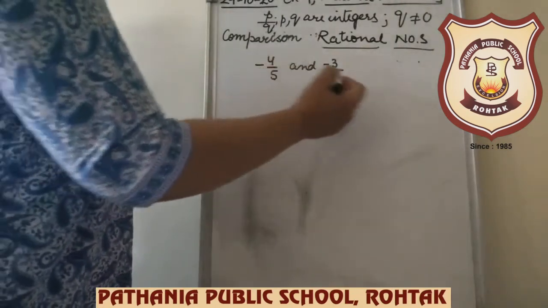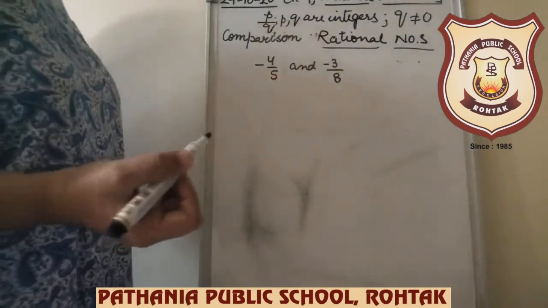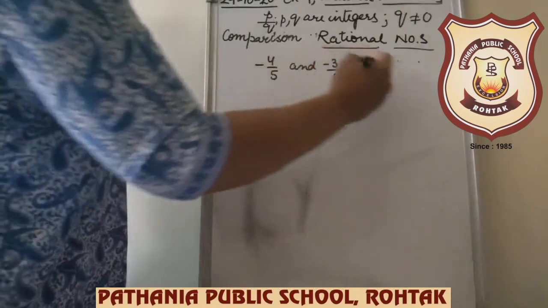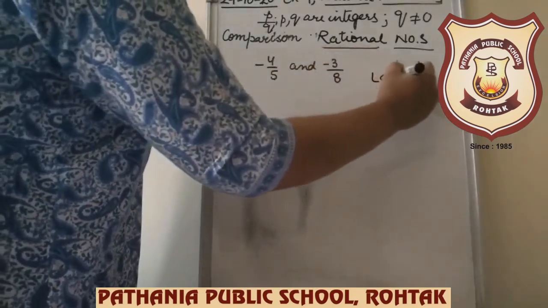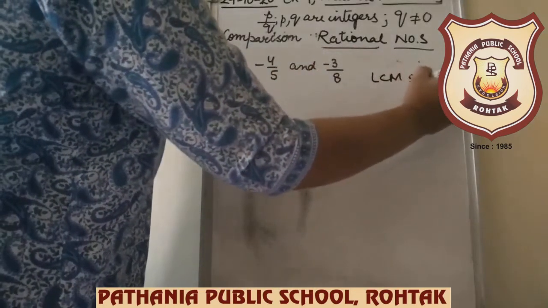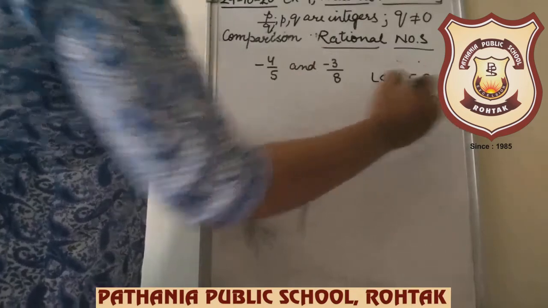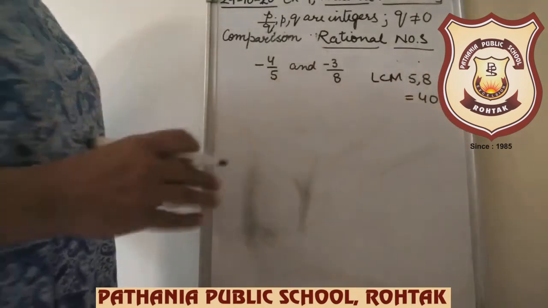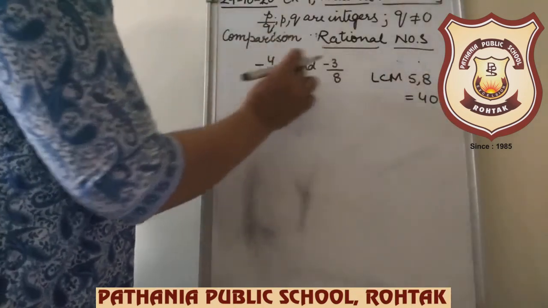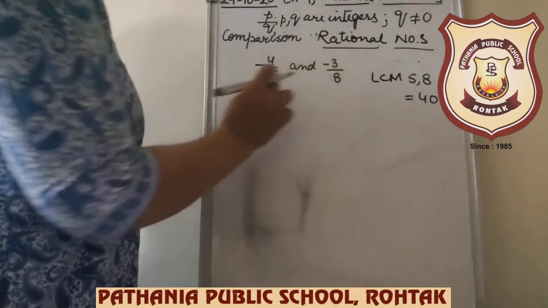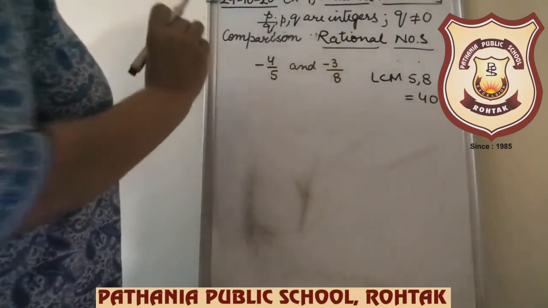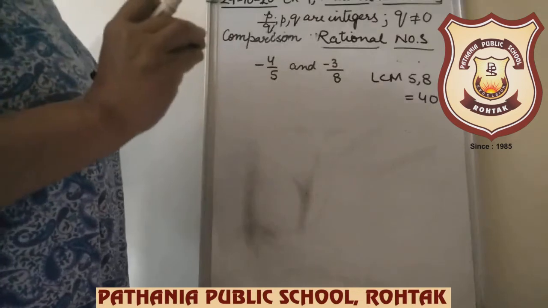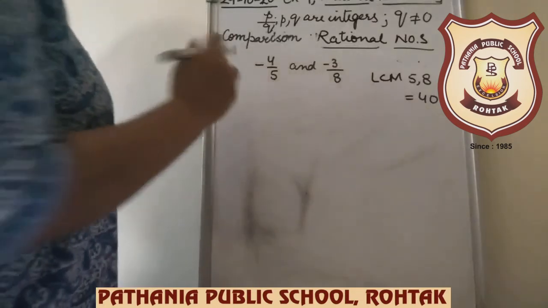Now here the denominators are different. First thing, you have to take LCM. LCM of 5 and 8 is going to be 40. Until and unless the denominators are the same, or they are not like rational numbers, you cannot compare them.